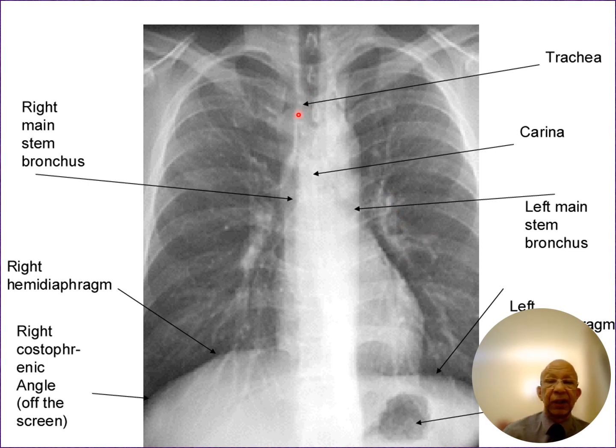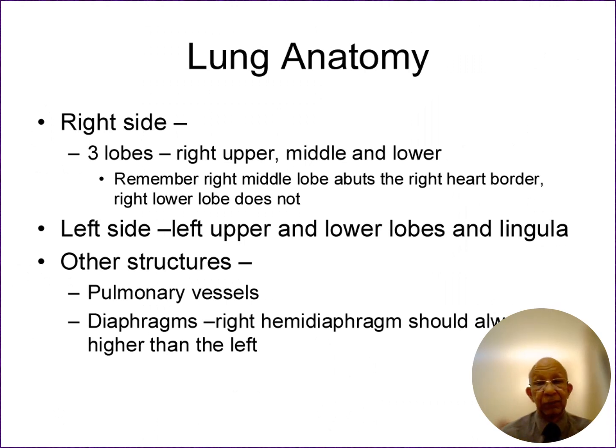This is the trachea, and this is the tracheal edge on the right side here, and this should be less than 3 millimeters in width. It's important to recognize that the right lung has 3 lobes: right upper, middle, and lower, and the middle lobe abuts the right heart border.